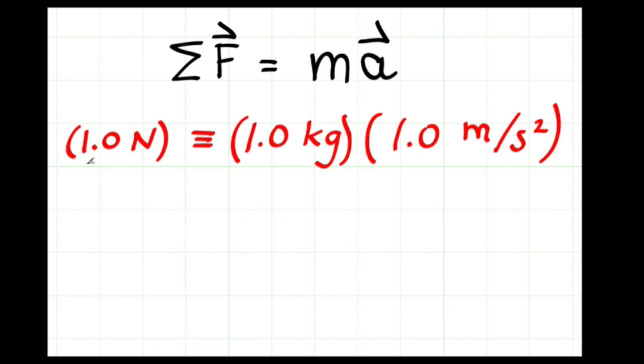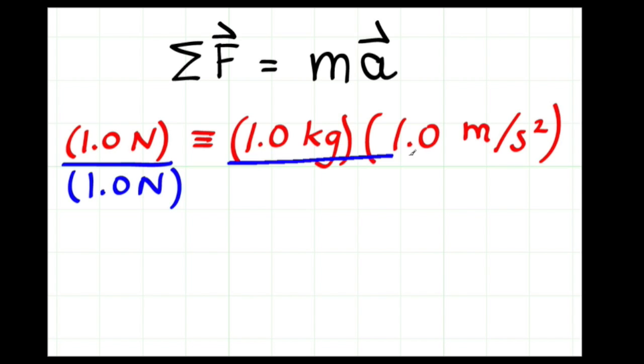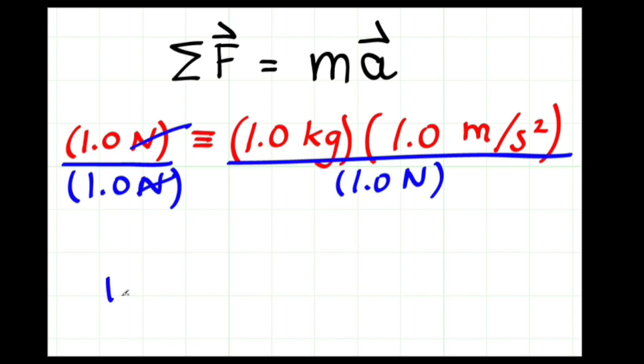Next, take this equation and divide this term on the left-hand side by 1 Newton and divide the right-hand side by the same thing, 1 Newton. Now let's clean this up. Newtons cancel, and 1 divided by 1, we get 1.0 on the left-hand side.